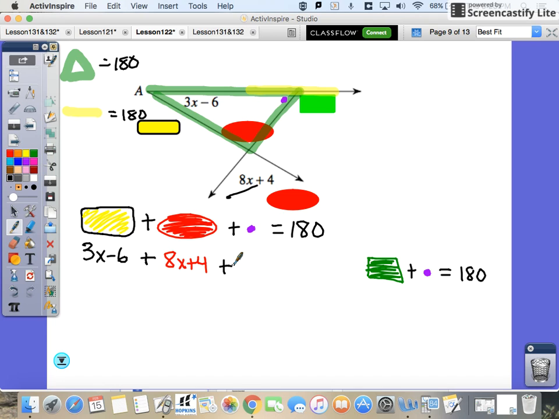And the purple dot, that's kind of tough because we're not really sure. So that's tricky, but let's see what we know. The green rectangle is 130 degrees. So we know this is 130 plus the purple dot equals 180. That means our mystery number here must be 50.